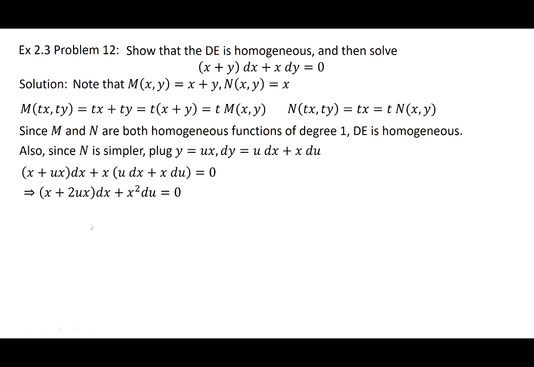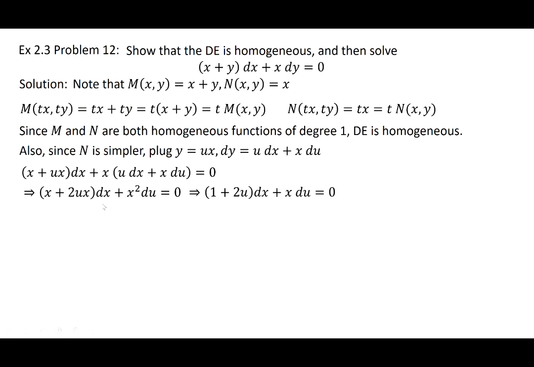But then, wait, couldn't we factor out an x from these two terms? And when we do, we get x times (1 plus 2u) times dx. And then, can we not divide by x? We factor out an x, or think of it this way.